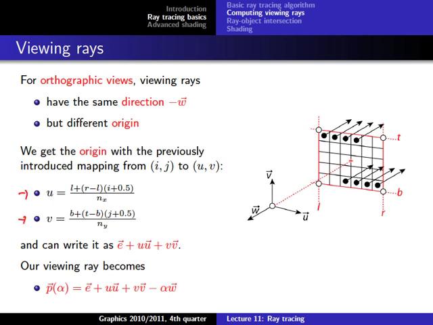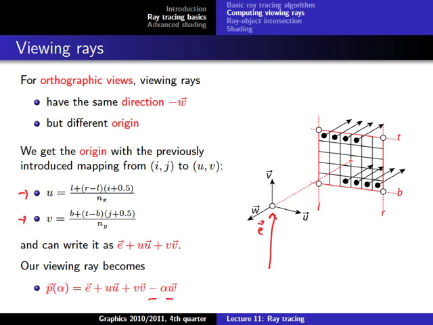But of course u and v are at this position, so we have to add the vector e, and then we go up and right based on this where we want to end up at our screen. And this is then the origin, and the direction is of course the value w, because we're minus w.